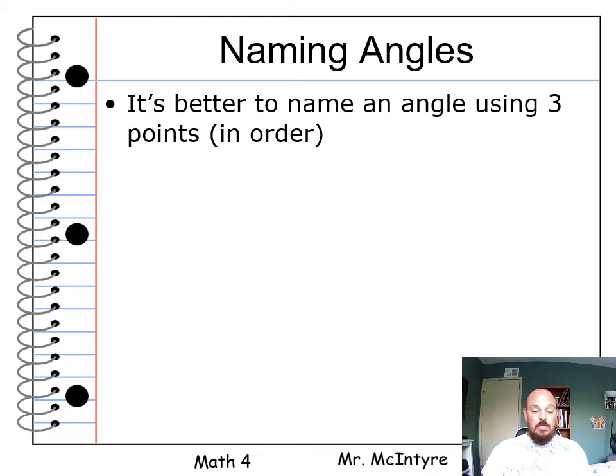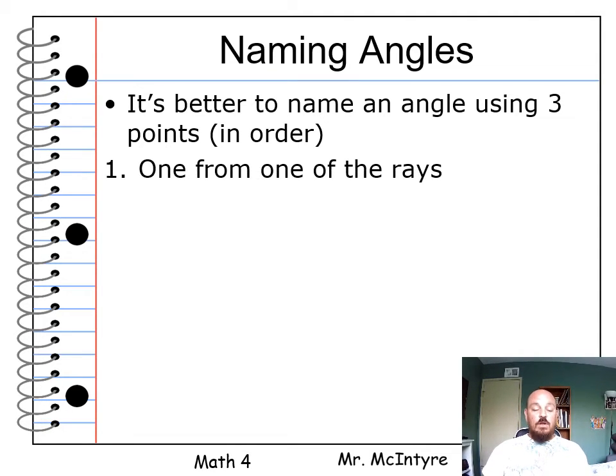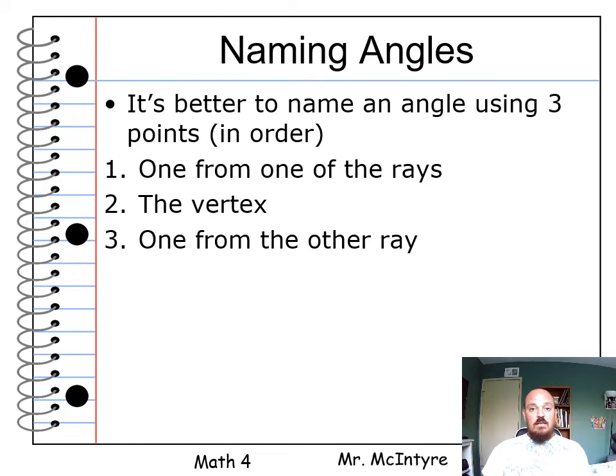So it's actually better, whenever possible, to use 3 points to name an angle. And you want to put them in order, don't just throw them out there. You want to pick a point from one of the rays, a point anywhere on one of the rays, then the vertex, then a point from the other ray.